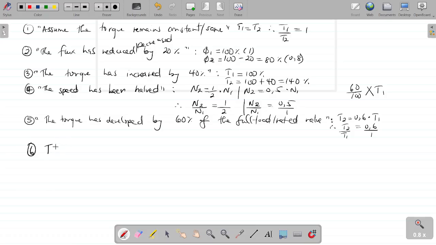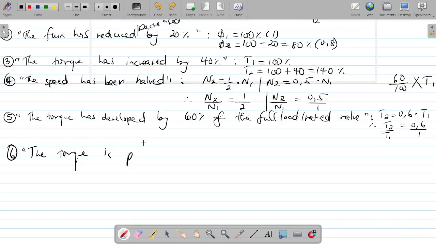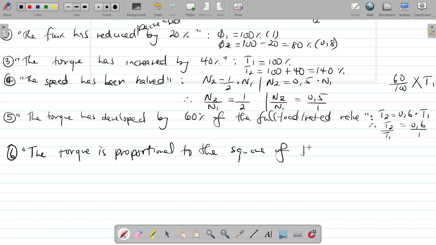The torque is proportional to the square of the speed. So the same torque is proportional to the square of the speed.